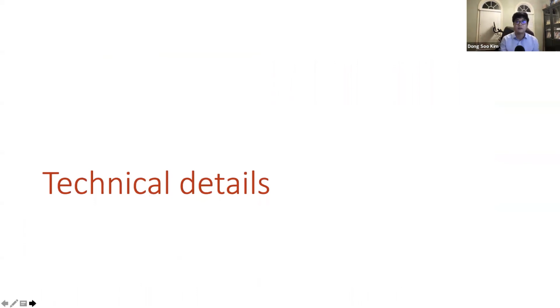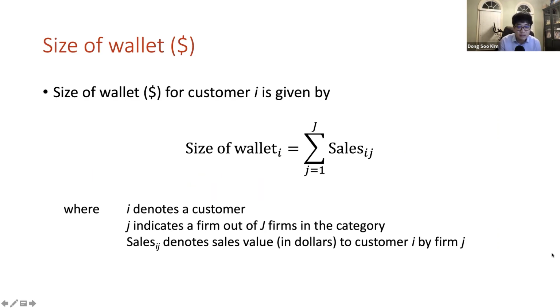All right, so far I gave you a conceptual explanation of the matrix. In the remaining part of this lecture, I'm going to explain the technical details of the matrix. First, size of wallet. Its mathematical definition is simple. Just think of a customer i.